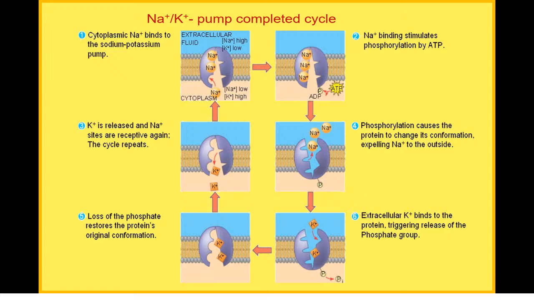Loss of the phosphate restores the protein's original conformation. Extracellular potassium binds to the protein, triggering release of the phosphate group. So you can see this combination of the conformational change of the protein, the sodium-potassium pump configuration, leads to this active transport as pumping of the ions inside and outside of the cell.